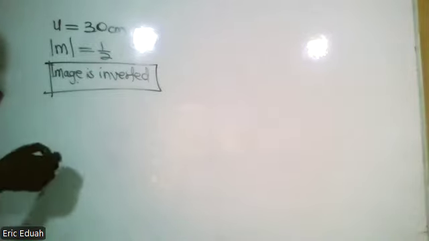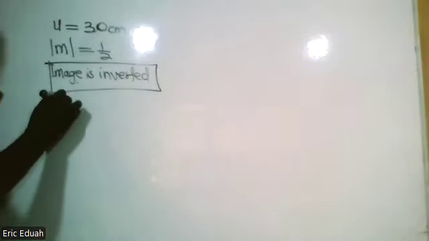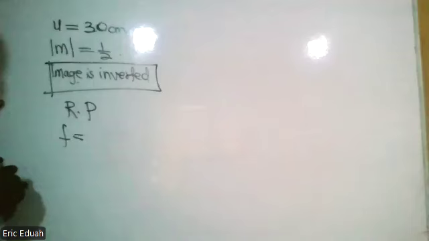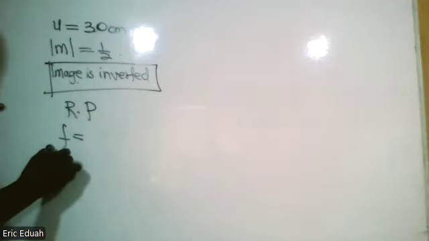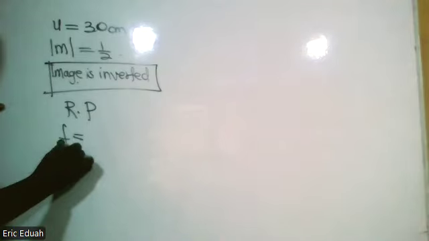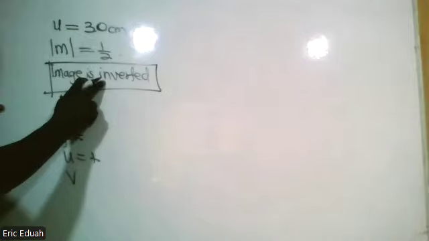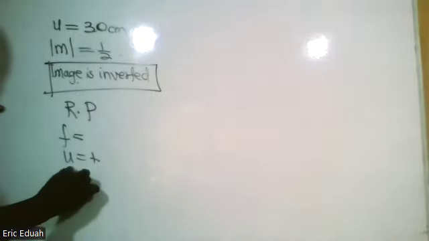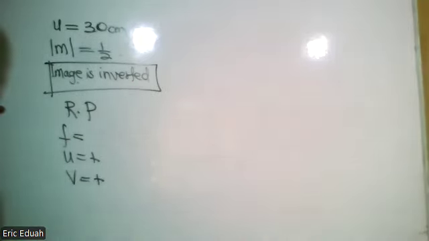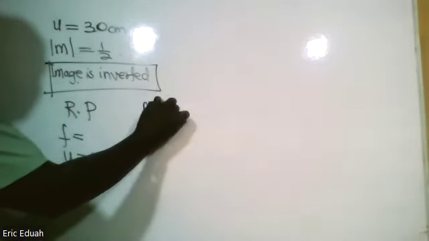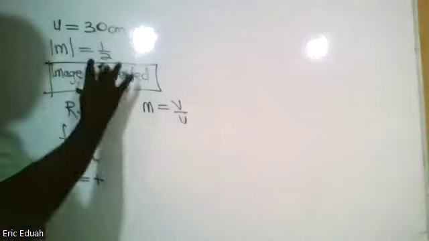And once it's a concave mirror, if you are using RP, F is positive. U is positive. V depends on the image. You are told image is real, and so V would be positive. We are looking for the focal length, but linear magnification is V on U. This is half.